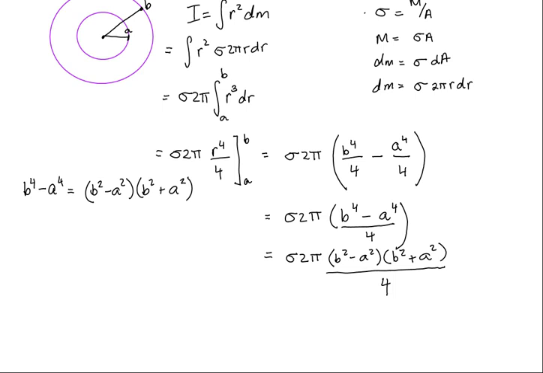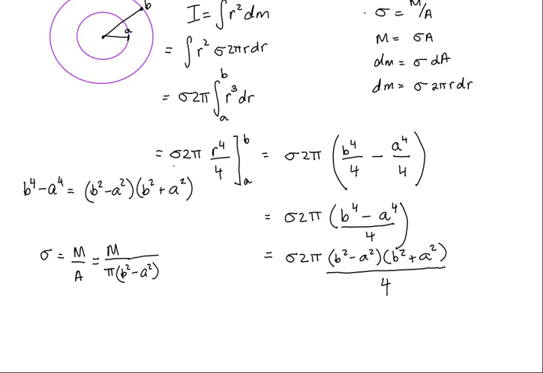Now we're going to put back the sigma value so we can get it in terms of mass and radius again. Remember, sigma, as we found, is equal to mass over area. But the area is no longer pi r squared. The area is now going to be the difference between those, the area of the outer minus the area of the inner, which will end up becoming M over pi times B squared minus A squared.